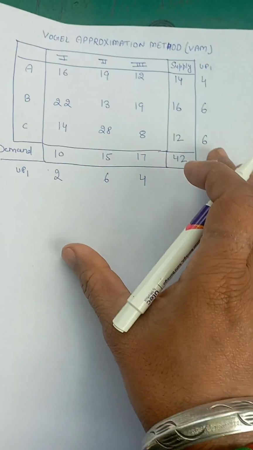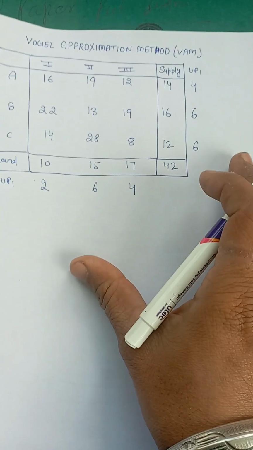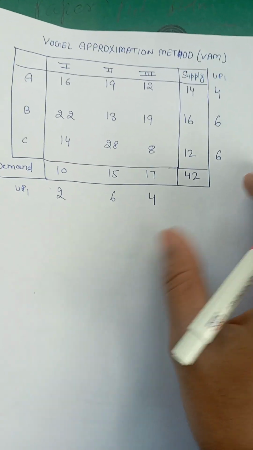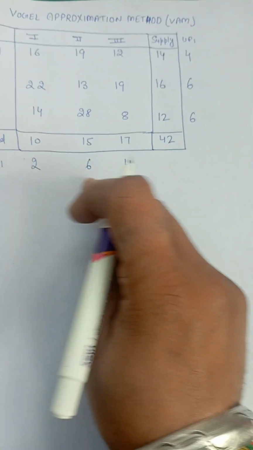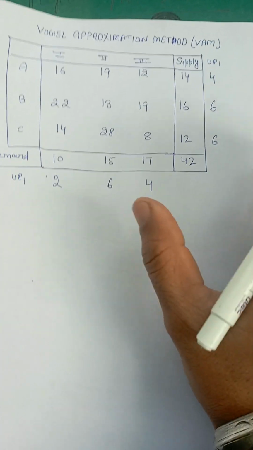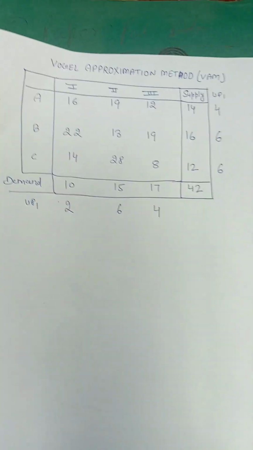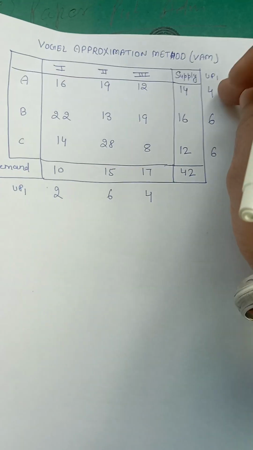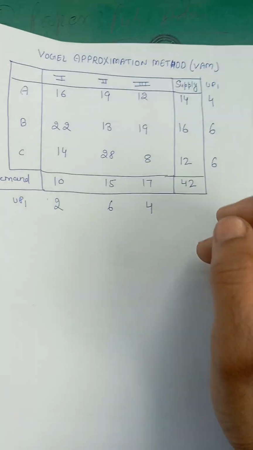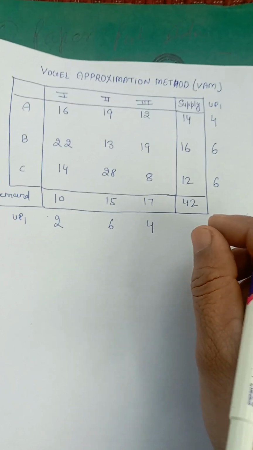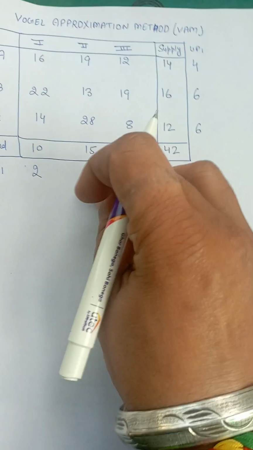This is the first step. Choose the row or column with the largest unit penalty. Here we can check the largest unit penalty, that is 6. But in case there is a tie in selecting the largest unit penalty, choose the row or column with the minimum cost. Here the largest unit penalty has a tie.